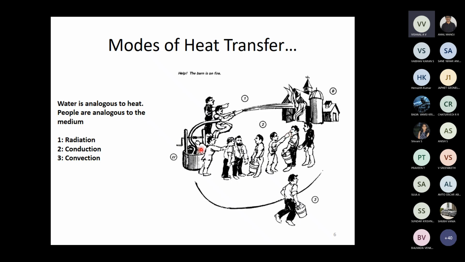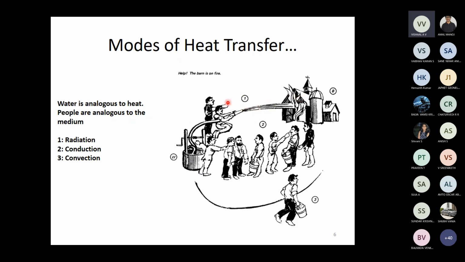If you are using the first method, for example, you have a pump and a nozzle, and from this location you are able to pour water on the fire directly from the well onto the barn, then that means you are not depending on the medium that is present in between these two.